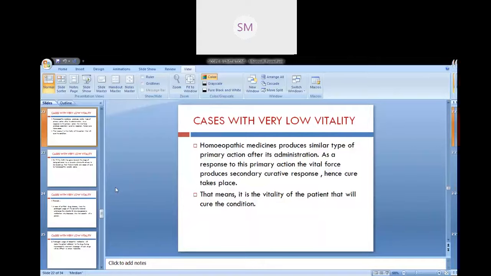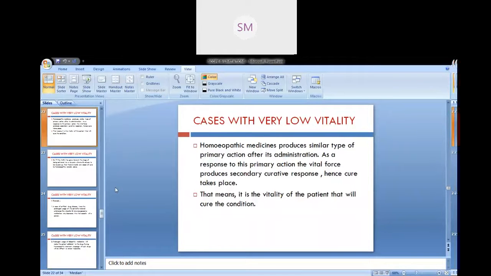We all know that after administering a homeopathic medicine, it produces a similar type of disease in its primary action, which we call the medicinal disease. In response to this primary action of the homeopathic medicine, the vital force produces a response, and the vital force is freed from both the medicinal disease and the natural disease.